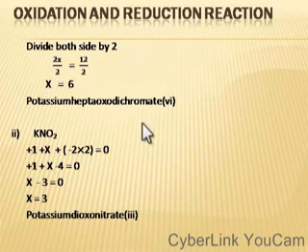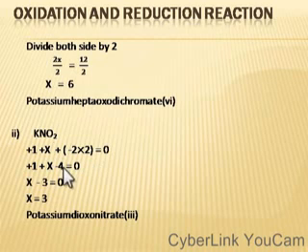Now moving to the second one. If you look at the second one, it is the N that is underlined. So we have potassium there, plus 1. Then the N, nitrogen, is what we are looking for, the oxidation number, plus X, plus we have oxygen there, 2 oxygen, minus 2 times 2.